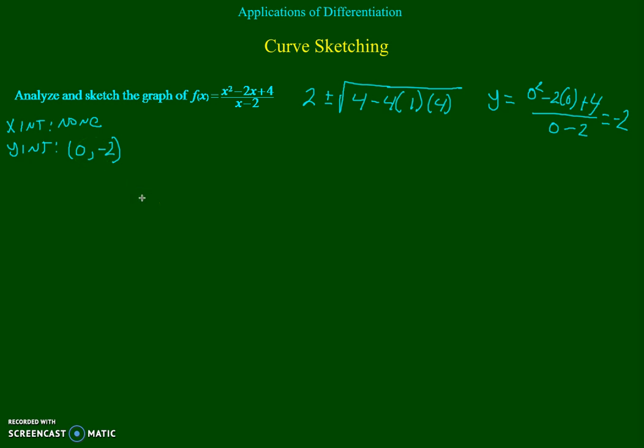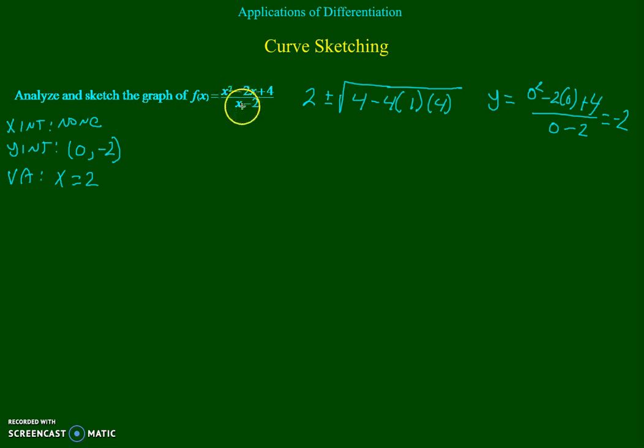You can see that this function will have a vertical asymptote at x equals 2 because this denominator is 0 at a positive 2. So it has a vertical asymptote at x equals 2.